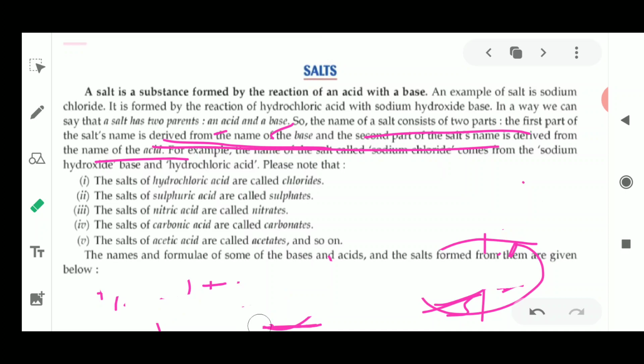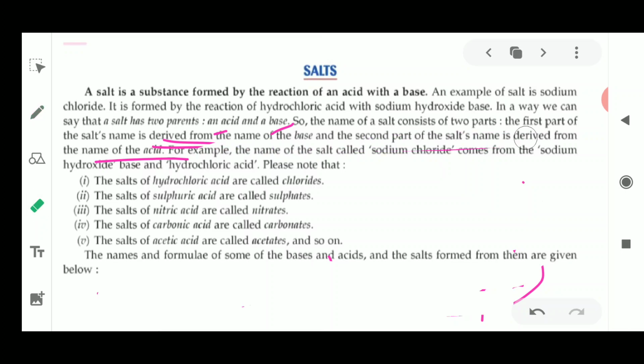Now the salts of hydrochloric acid are always chlorides. For example, sodium hydroxide is a base and hydrochloric acid is an acid. Where hydrochloric acid is used, the salt's name will always be chloride. Next, the salts of sulfuric acid will be sulfates, the salts of nitric acid will be nitrates, and the salts of carbonic acid will be carbonates.